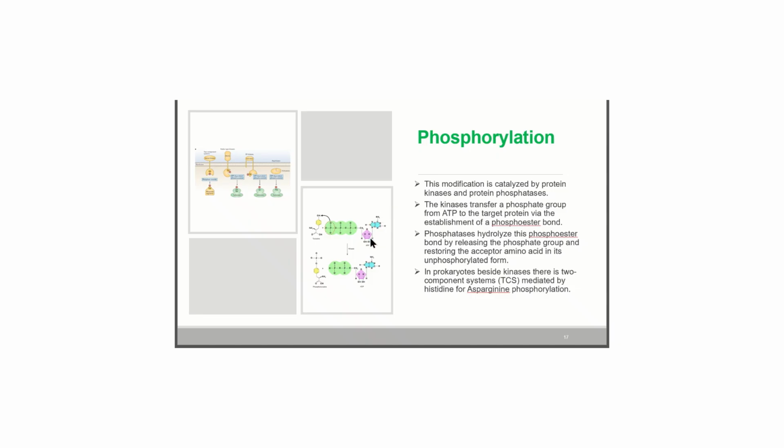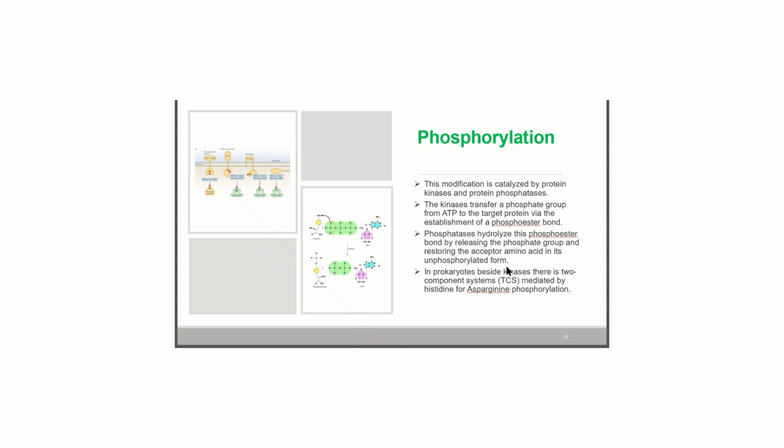It is the chemical reaction between the amino acid and the phosphate group. It's linked through a covalent bond, which is a phosphodiester bond. So phosphatases hydrolyze the phosphodiester bond by releasing the phosphate group and restoring the acceptor amino acid in its unphosphorylated form.